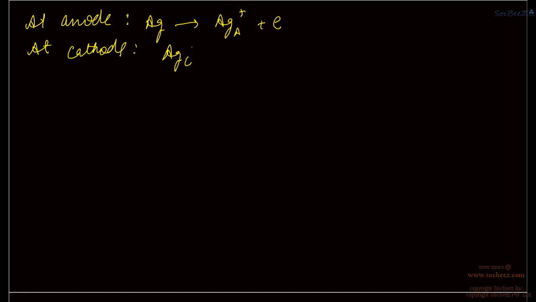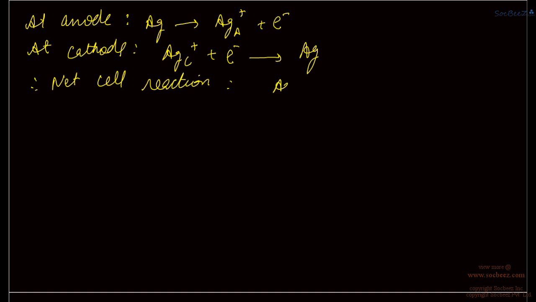Now at cathode, the reaction is Ag+ plus electron giving us Ag. Okay, so therefore the net cell reaction is Ag at cathode giving us Ag at anode.